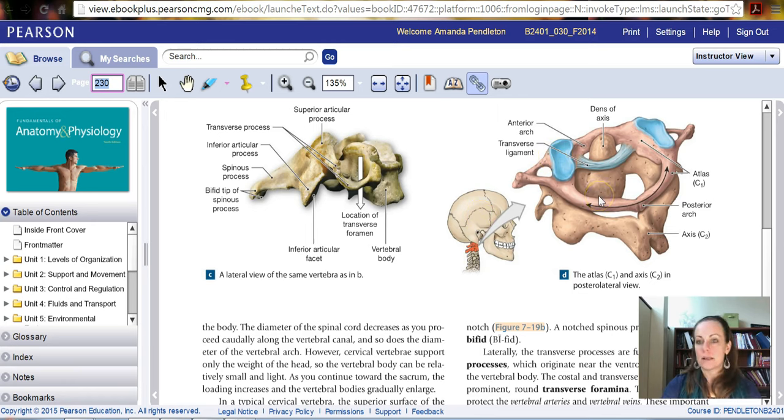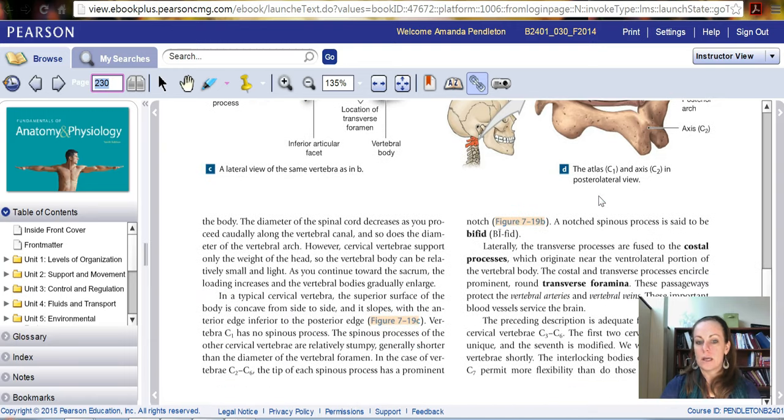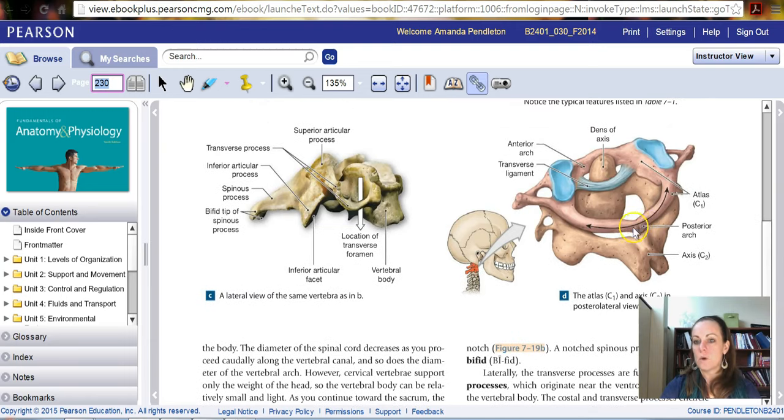The big things that I look for here for C1 is, one, instead of having a large spinous process, it's going to have just a posterior tubercle actually. And then right here and here, it's going to have these very large places for the skull to sit on, and those are called the lateral masses.